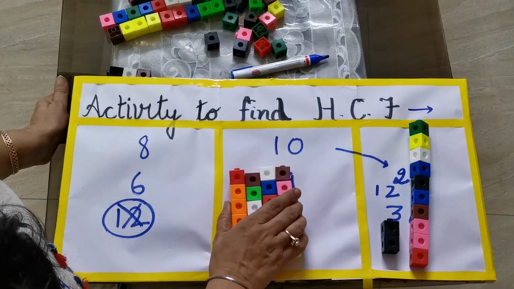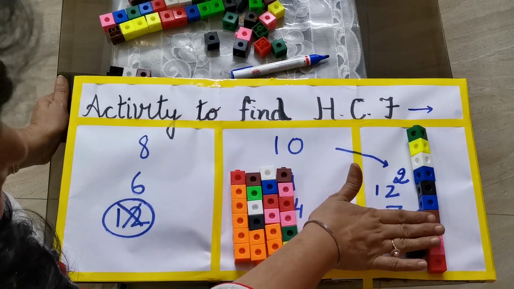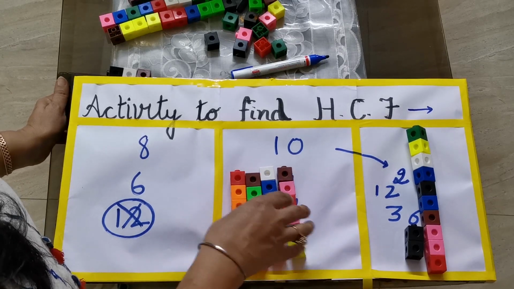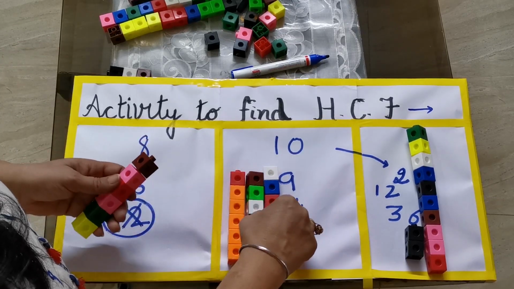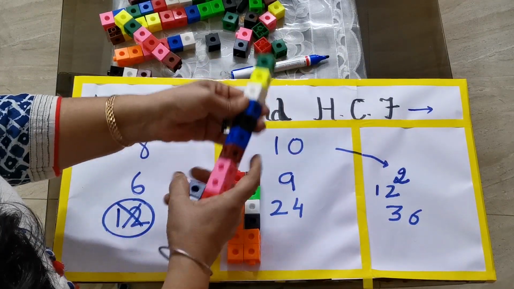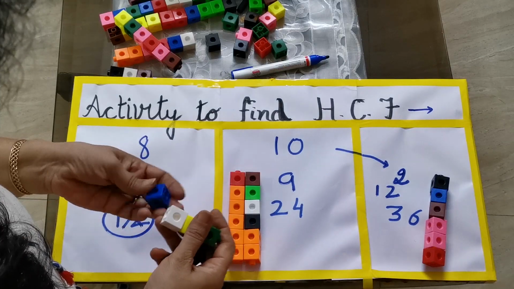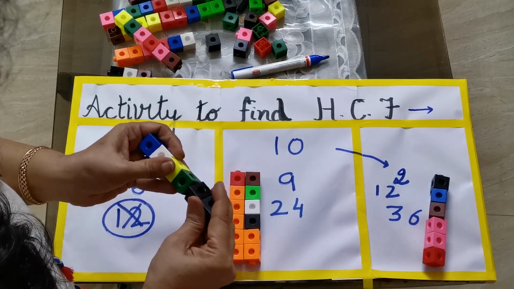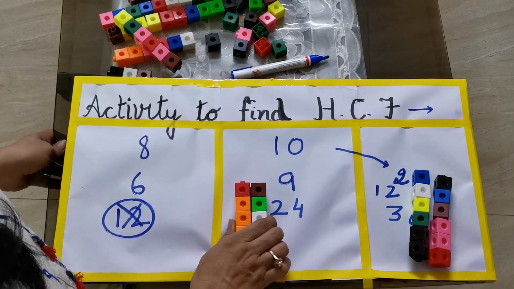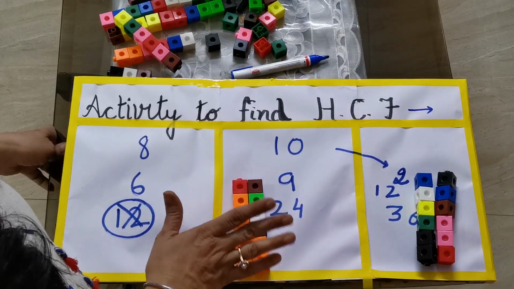So now this number is 24, but this number has been reduced to number 12. So this has become the smaller number. Let's take out 12 from this 24 number. 6 and 6 becomes 12. So now you see that these numbers are the same, 12. Alright, so now 12 is the HCF of 12, 24 and 36.